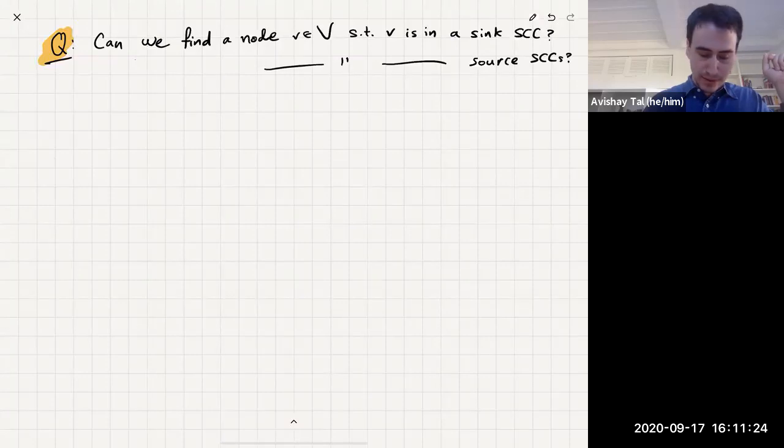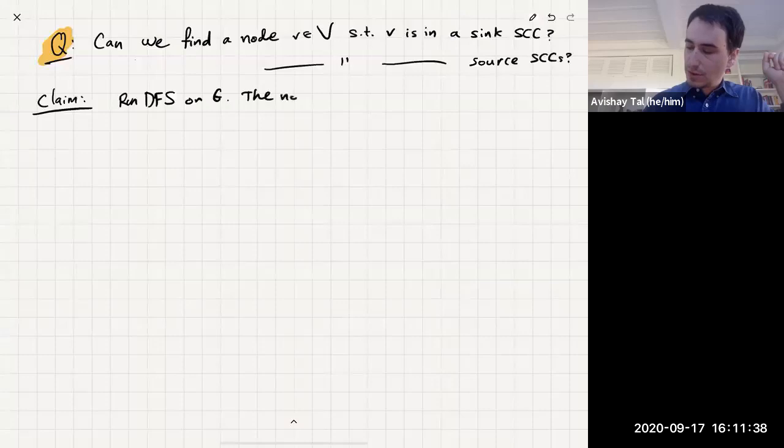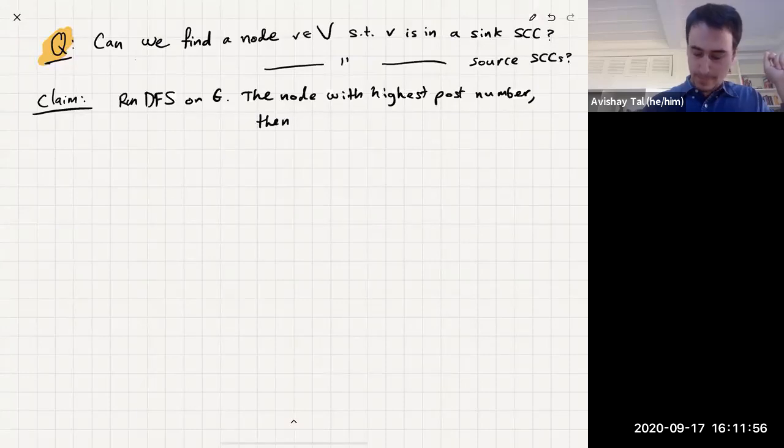So the claim is that if you run DFS on G, the original graph, and you take the node with highest post number, then this node is in a source strongly connected component.